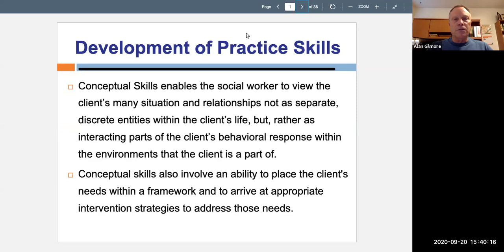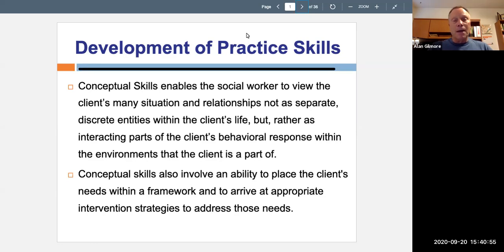However, once you start to do your assessment and get to know the client better, you'll learn that there are probably other issues that are compounding the situation that the client initially presents with.